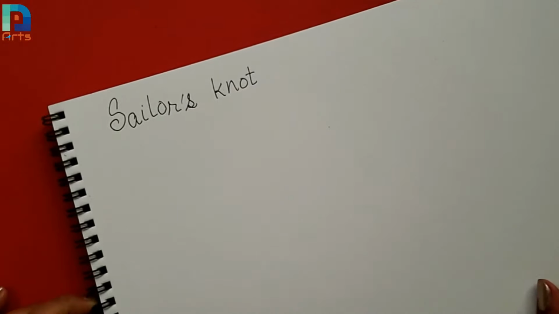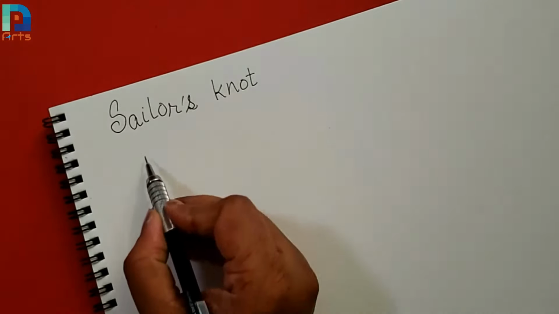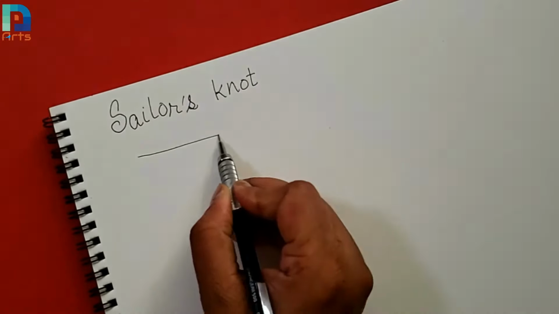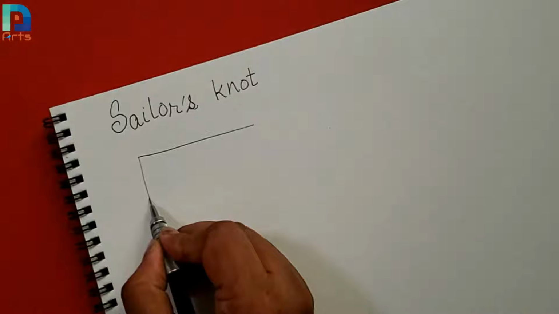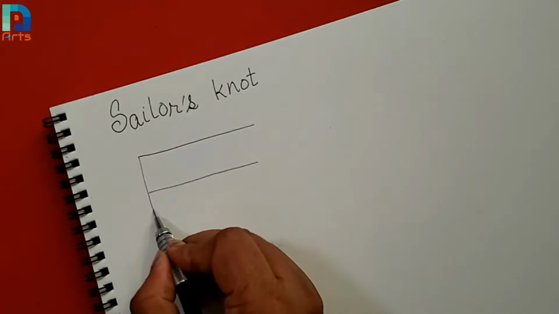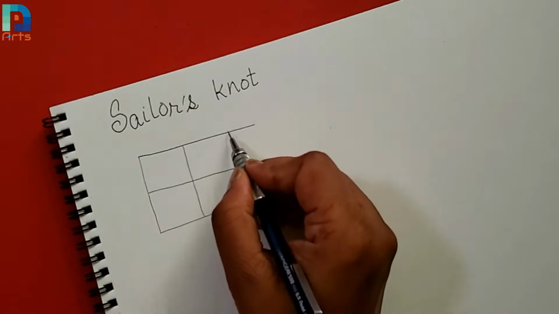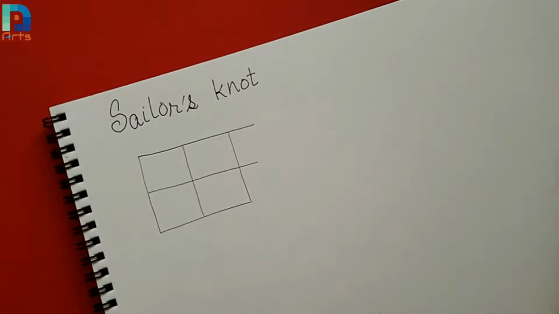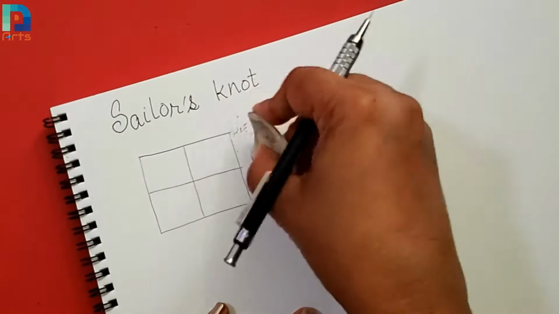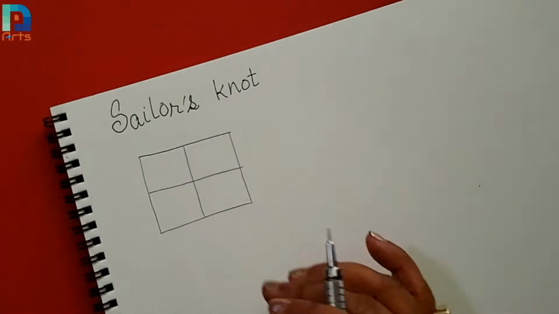In this sailor's knot, let's start with a 2 by 2 grid because it really needs a little bit of guidelines. So I'm drawing this 2 by 2 grid square just to give a basic idea of this knot.